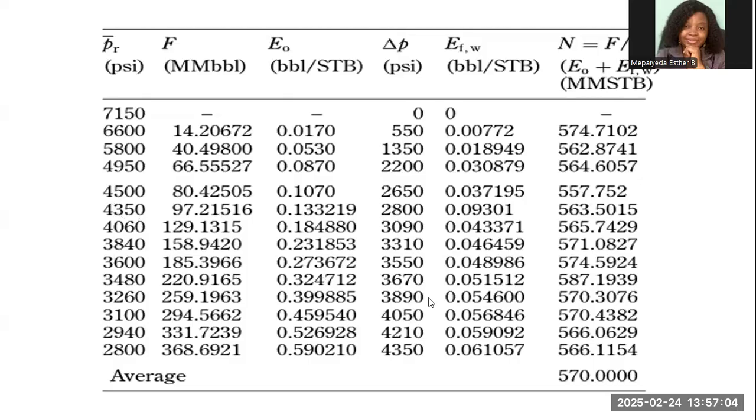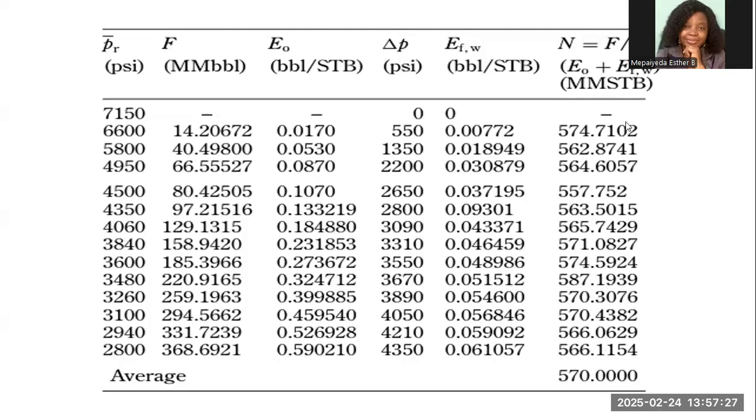So you have all the pressures here. And then you have your EFW estimated for the saturated state. And then you have your N equals F divided by EO plus EFW. So you have your N estimated here. Your N, that's your OOIP at each of the pressures.